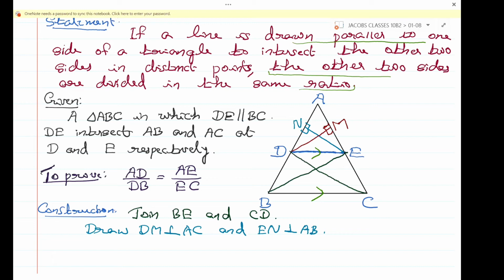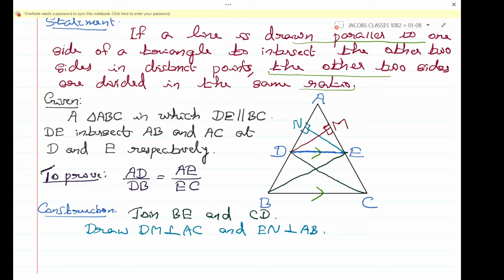Okay, children, so these are the constructions here. So we have now completed the preliminary part of the proof: the statement, and then the diagram. Given means a triangle ABC in which DE is parallel to BC. DE intersects AB and AC at D and E respectively.